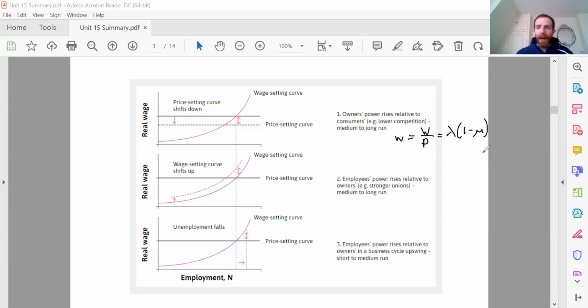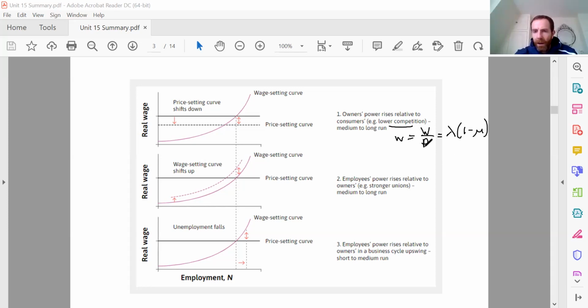We know that the markup is linked to the level of competition that the firms face. Lower competition means that firms can get away with charging a higher markup, so they can increase prices and increase their profits.